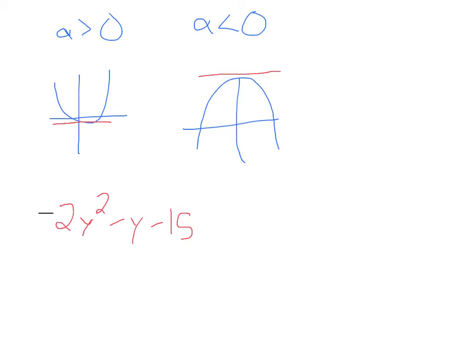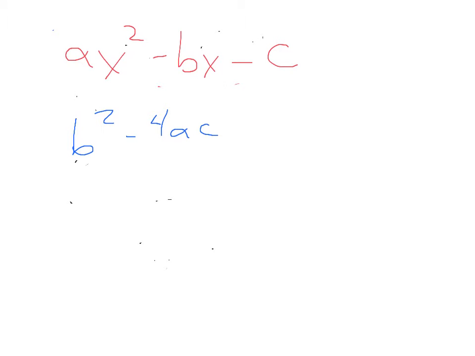Now, here's the last clue I'll give you before I let you go. If you think in terms of the solution to the equation ax squared minus bx minus c, and you calculate b squared minus 4ac, then this term will help you determine whether you have one solution, two solutions, or no solutions.